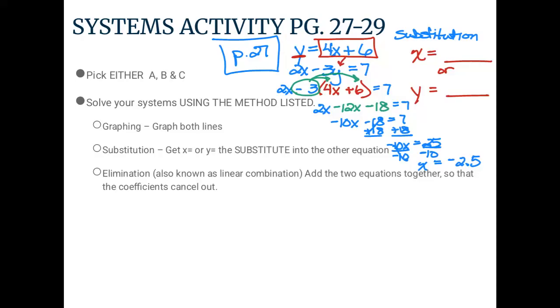So now I need to substitute that in place of one of my x amounts. Exactly. Because I'm trying to solve for y, I've got y set up by itself.